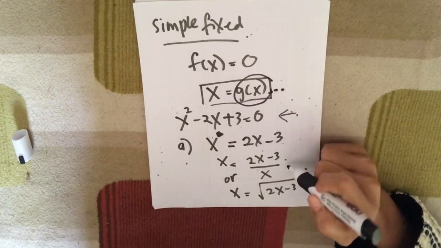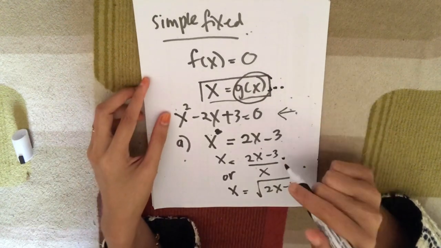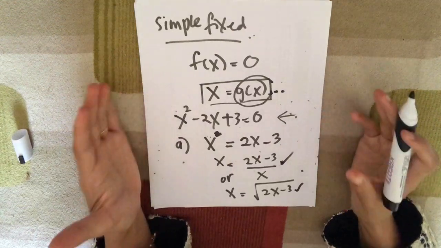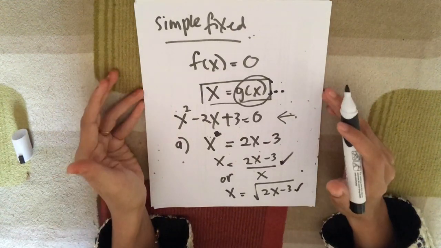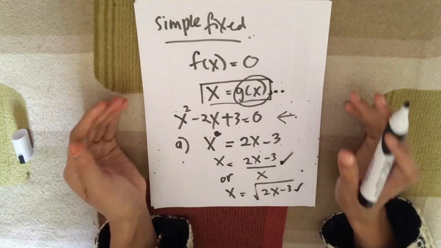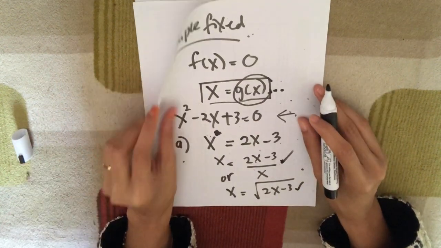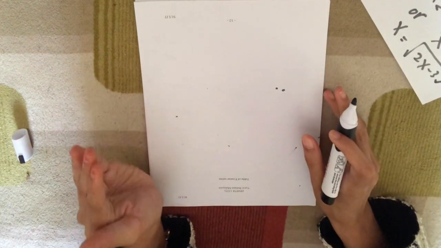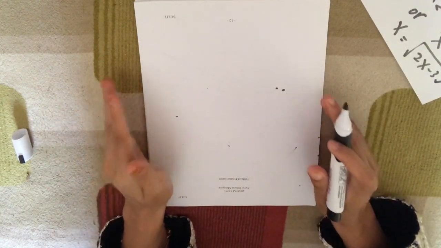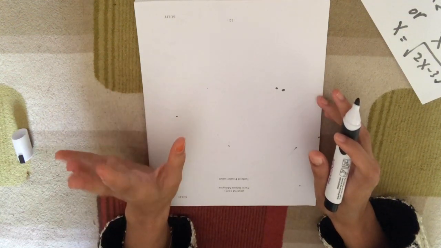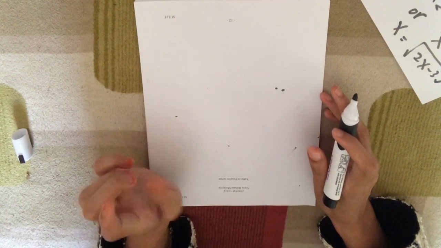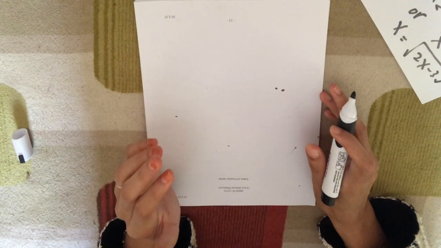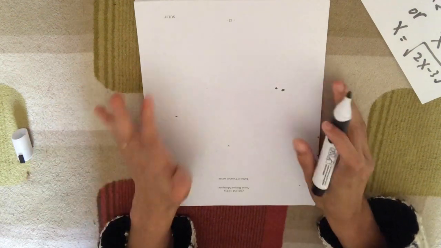For example, you have this one and you also can do like this. So which one will we choose? You can choose any form of x, but if you proceed with the calculation, both will lead to the answer, but maybe one of them will have a more complicated calculation compared to the other.